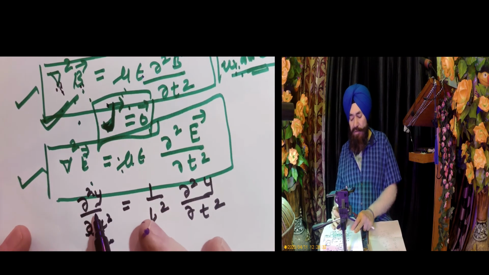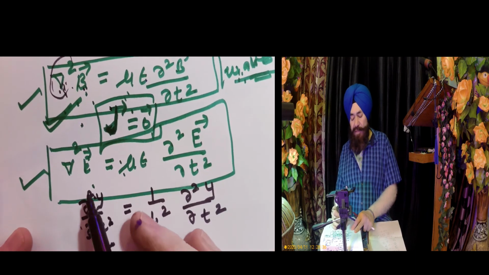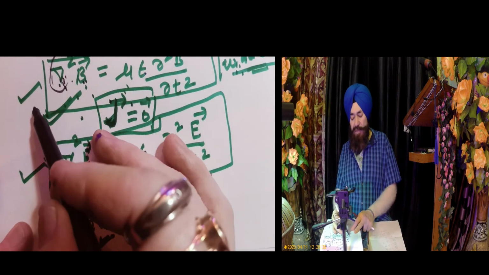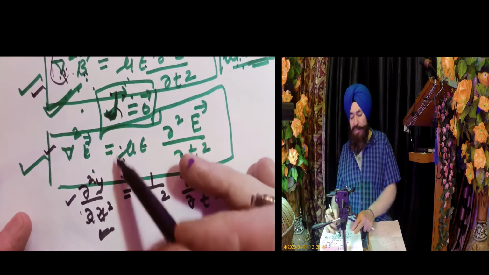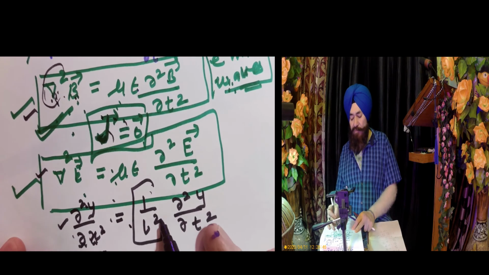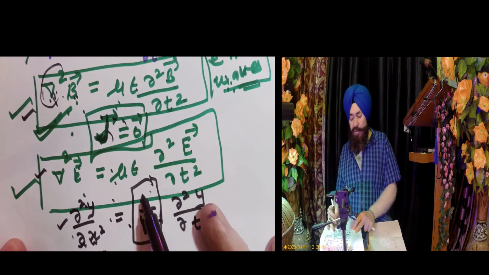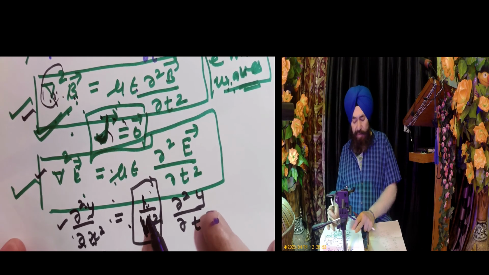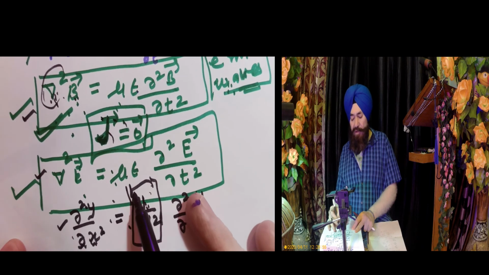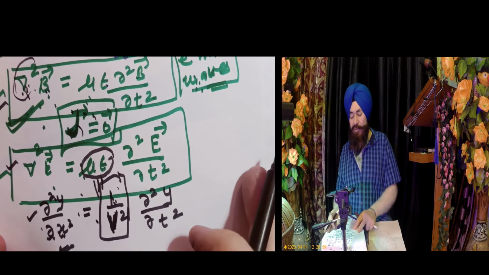Like it's only x there, here all the 3 dimensions, but all the 3 equations are similar. That means what is 1 over v square if I'm talking about the EM wave?